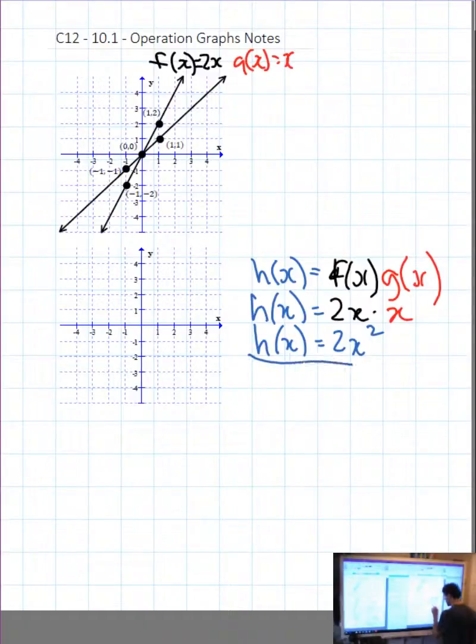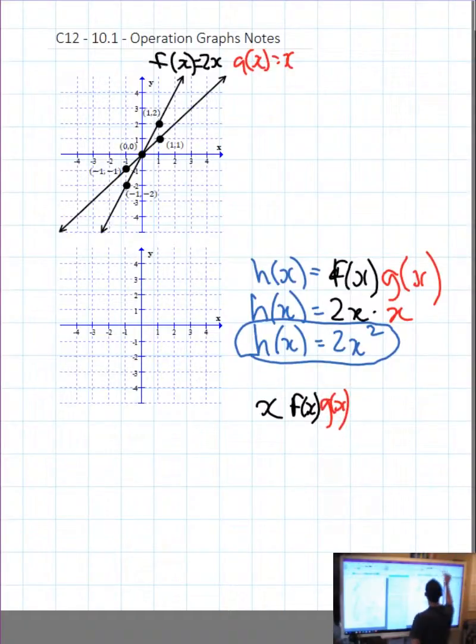So we could simply graph 2x squared, but let's do it graphically. So remember, we're going to choose an x value. We're going to find out what f of x is. We're going to find out what g of x is. And then we're going to find out what h of x is by this time multiplying.